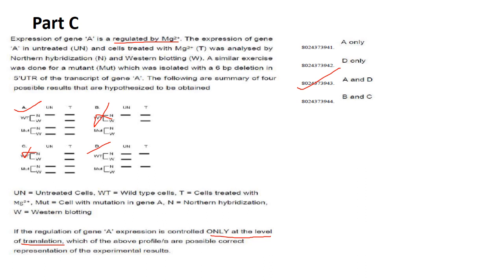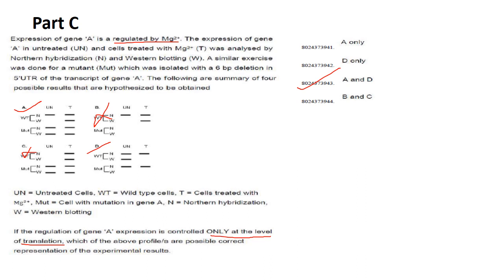So your mRNA is going to be produced whatever be the cause, whether you add Mg2 positive or whether you don't add Mg2 positive, mRNA will be produced and you will get bands in your northern blot. C also similarly, there are no bands for the untreated sample in northern blotting. So that is also not correct. C is also not correct.